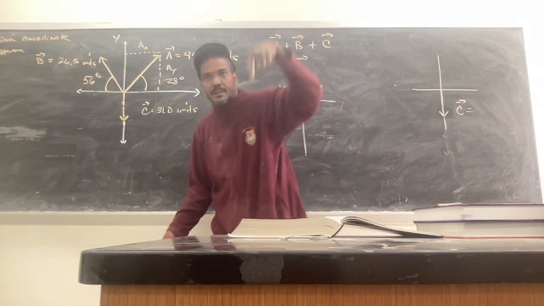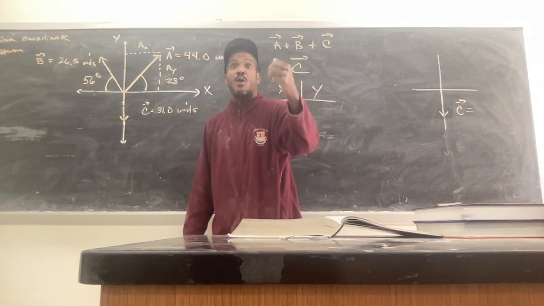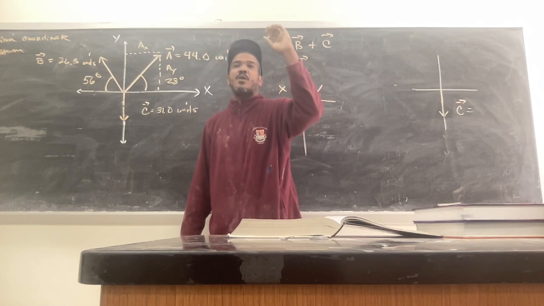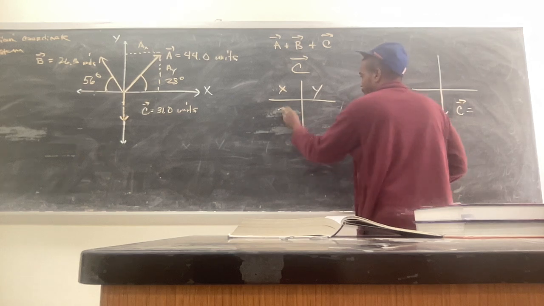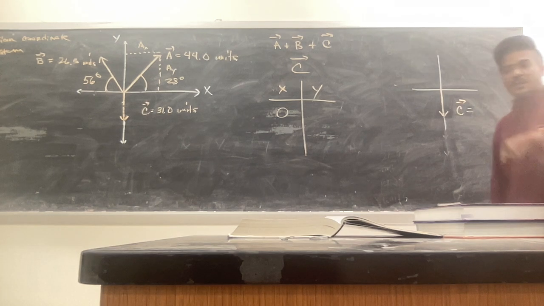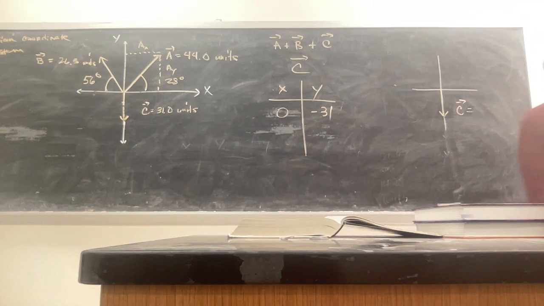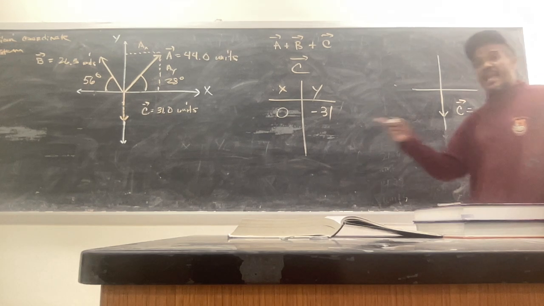It only points down, so the x component of vector C is 0. Good. By that same token, what's the y component? Yes, 31, but negative 31, because it points down. Good. That was good. Okay? So now we got components for A, B, and C.